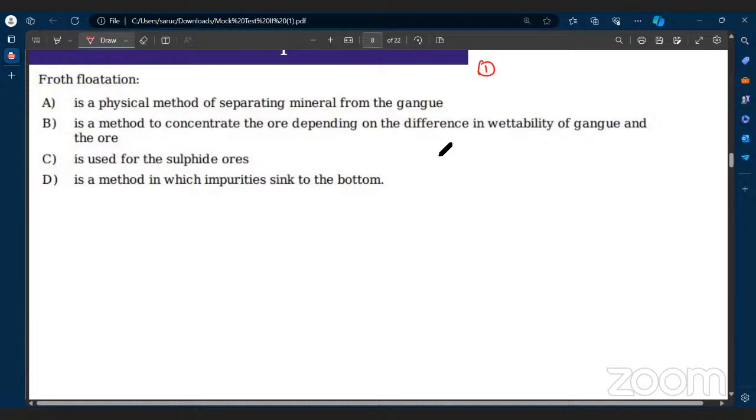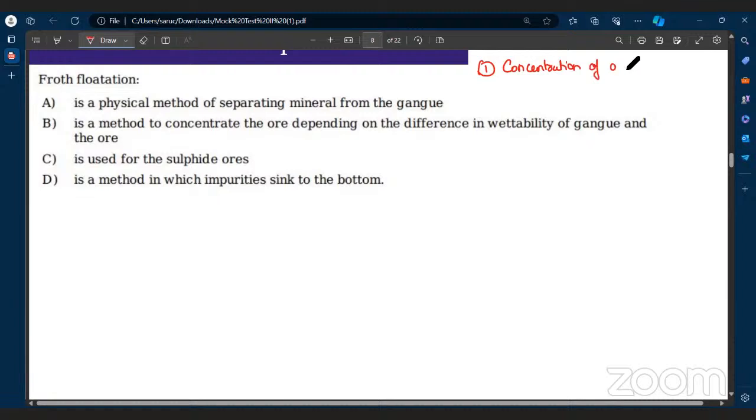So first is the concentration. Second is the extraction of metal. Third step is the isolation.